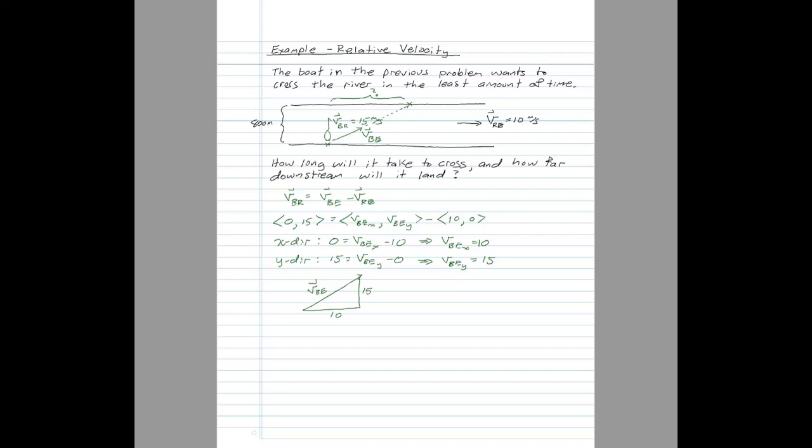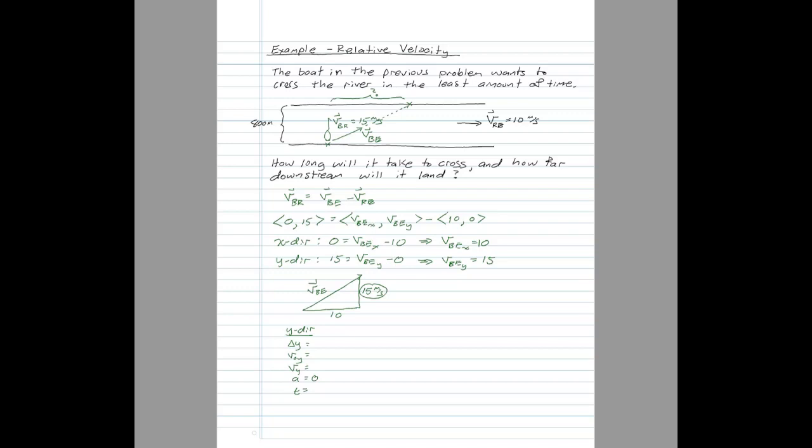And so now if we want to get the time to go across, that's using this velocity of 15 meters per second. So I'm going to do kinematics with that. So this is in the y direction. So the kinematics in the y direction, delta y, v naught y, vy, a, and t. Now the acceleration going across is 0. It's a constant velocity.